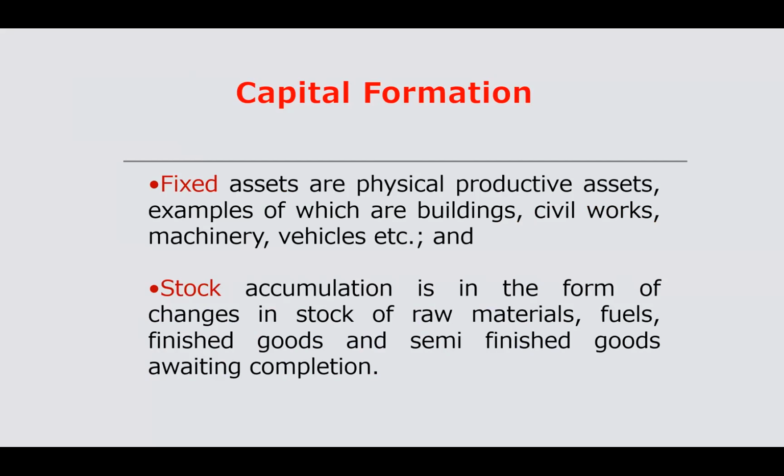Capital formations are fixed assets, physical productive assets, examples of which are buildings, civil works, machinery, and vehicles. And stock accumulation is in the form of changes in stock of raw materials, fuels, finished goods, and semi-finished goods awaiting completion.